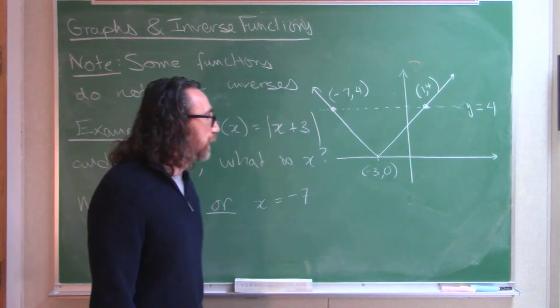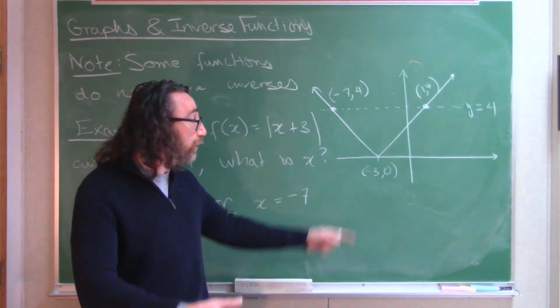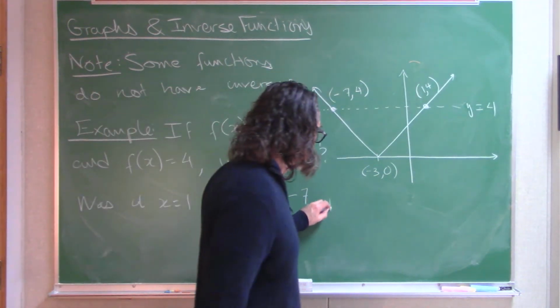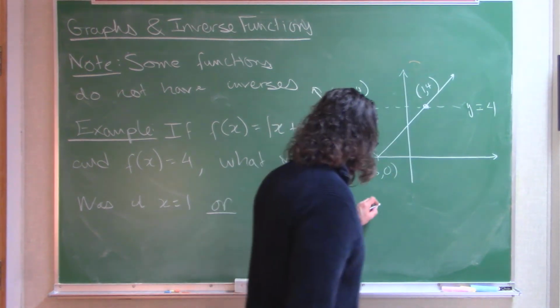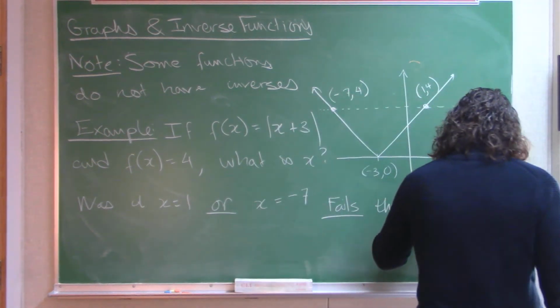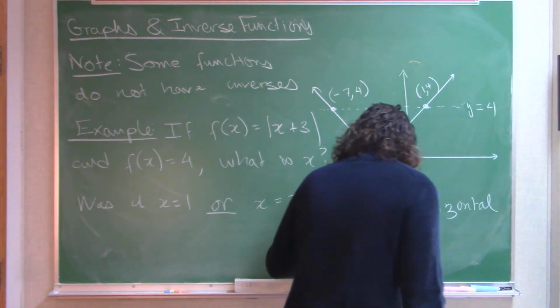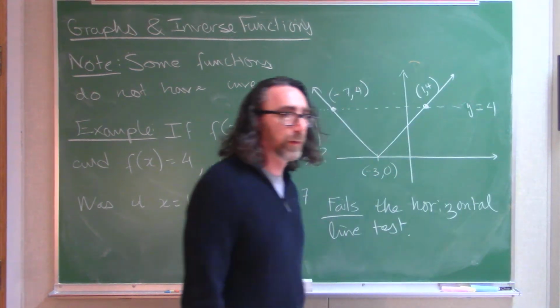So we have a horizontal line that intersects this graph in 2 places. In fact, we have tons of horizontal lines that will intersect this graph in 2 places. So this thing fails the horizontal line test.